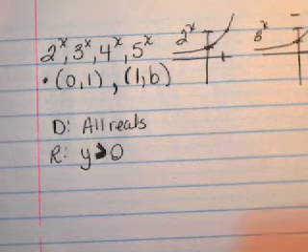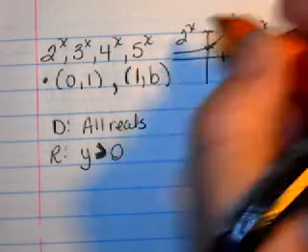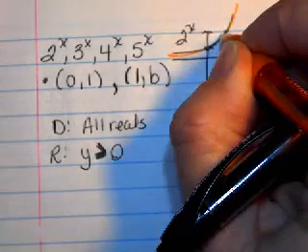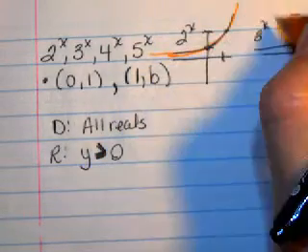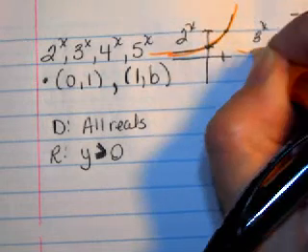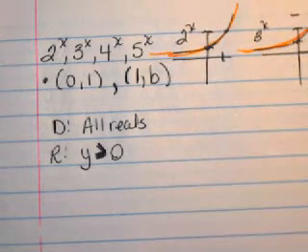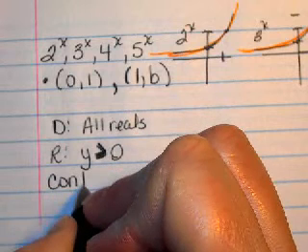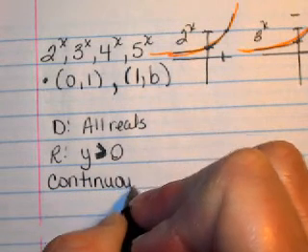Continuous means I can put my pen or pencil on the line and never pick it up. I can just keep drawing forever and ever. I could do that for both of them, right? I never have a hole, I never have a jump, I never have anything like that. So these are continuous. Okay?